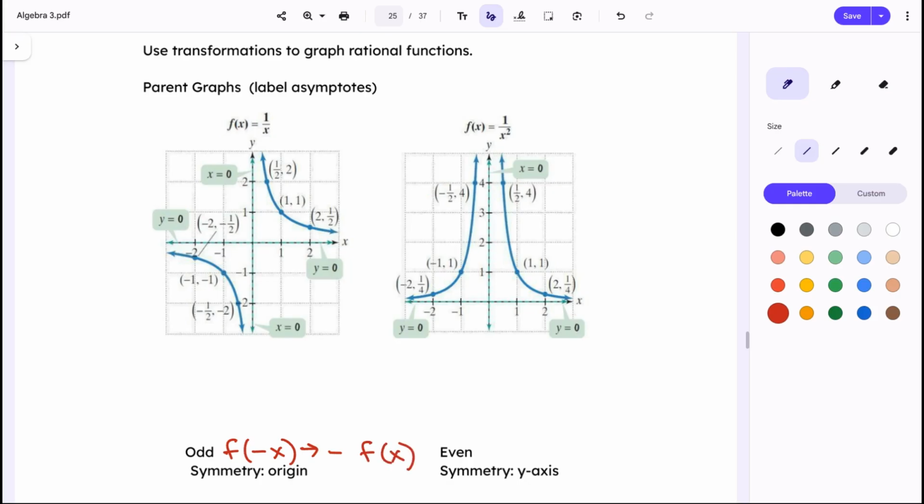So when you negate the x, the whole entire thing becomes negative. And then even means that even if I put in a negative, it doesn't impact it at all, and it's going to stay the same. That also lets us know that there may be some symmetry about the origin or symmetry about the y-axis. Those are other things we could use if we're trying to graph and we don't have a bunch of points, or we aren't looking for a bunch of points yet.